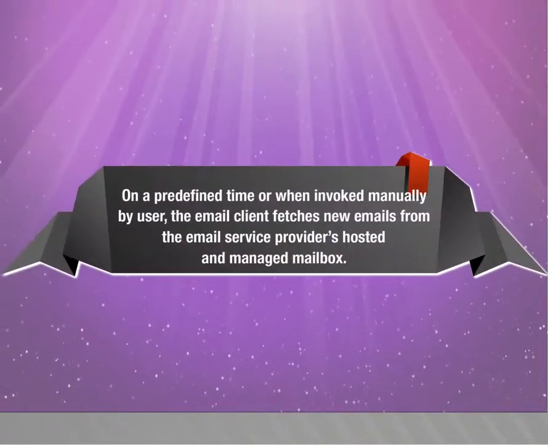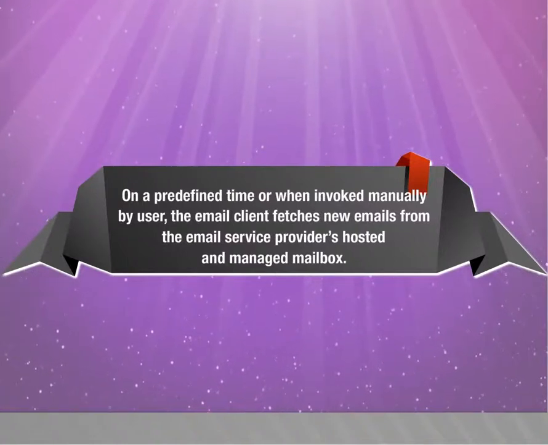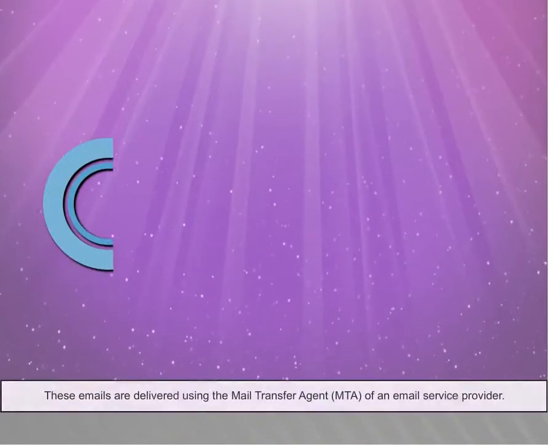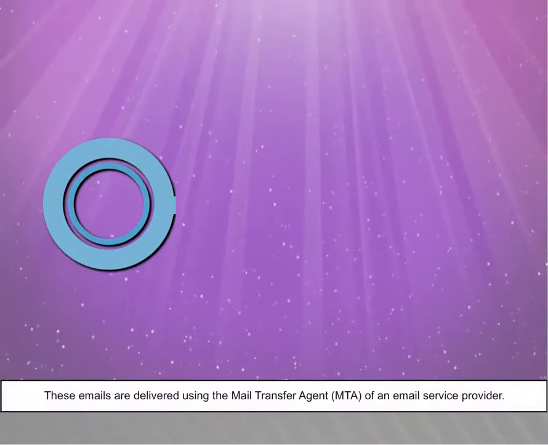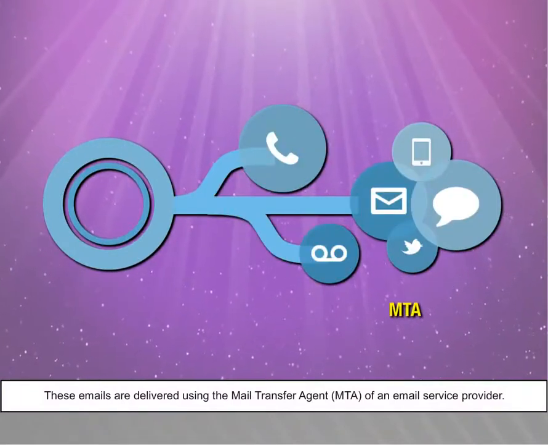On a predefined time or when invoked manually by the user, the email client fetches new emails from the email service provider's hosted and managed mailbox. These emails are delivered using the mail transfer agent (MTA) of an email service provider.